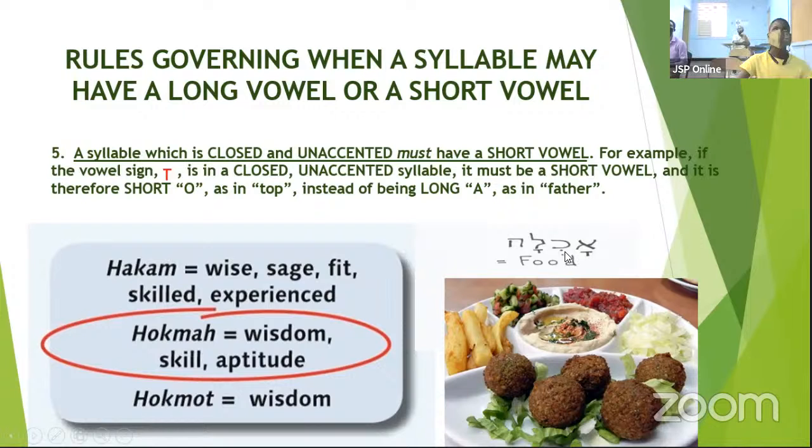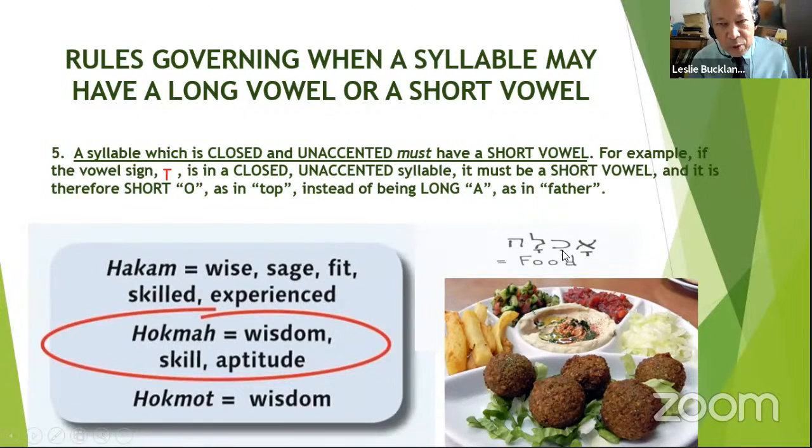At a later stage, not too long from now, we will learn about this symbol, but don't bother with it right now. So Aleph followed by what could either be Kames, like it is over here, or the short vowel Kames Hatuf or Katuf, which is an O. How do we know what kind of syllable this is?